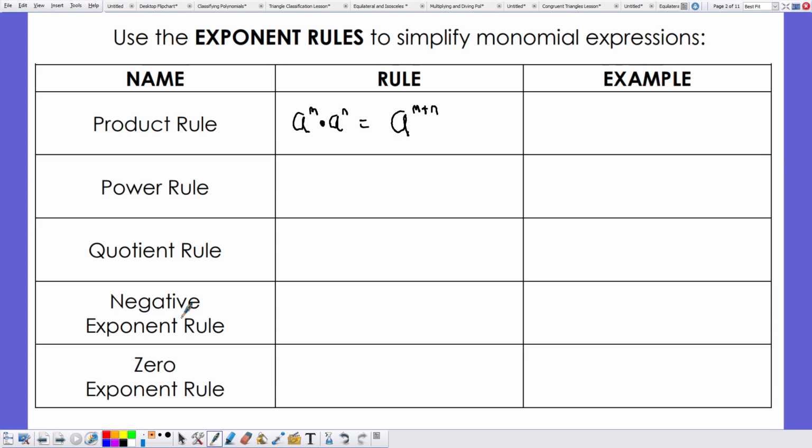So when you multiply two values with the same base, you add the exponents together. An example of this would be if we had x squared times x to the 8th power, that would become x to the, 2 plus 8 is 10, so to the 10th power.